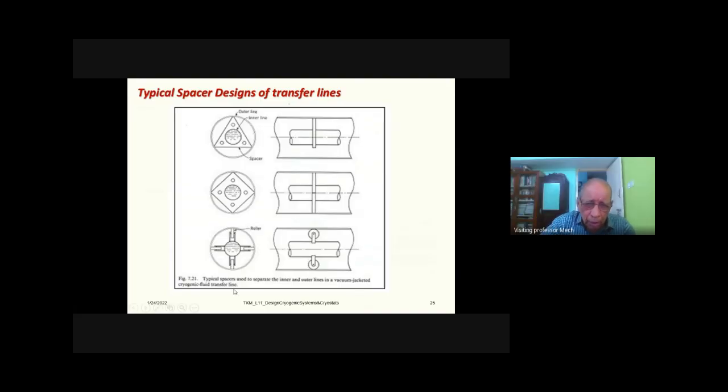You can think of a triangular shaped spacer or a square shaped spacer, which touches only at specific points on the outer one. And you can also think of roller type arrangements of the inner line getting suspended on the outer line.